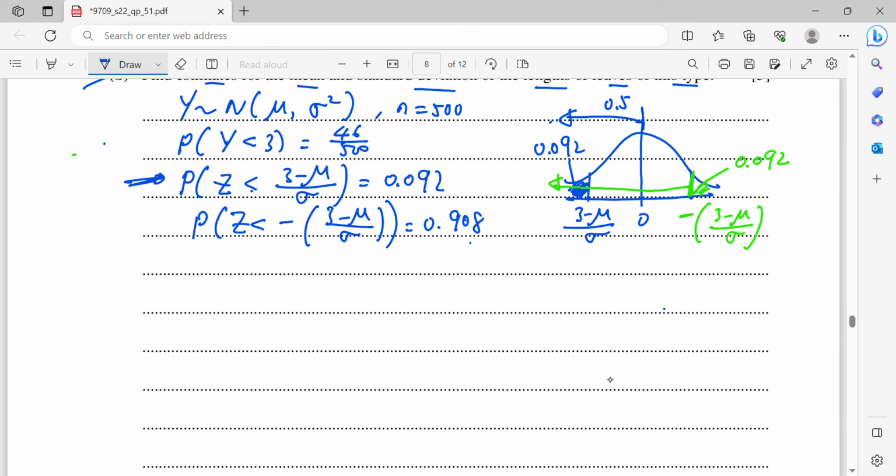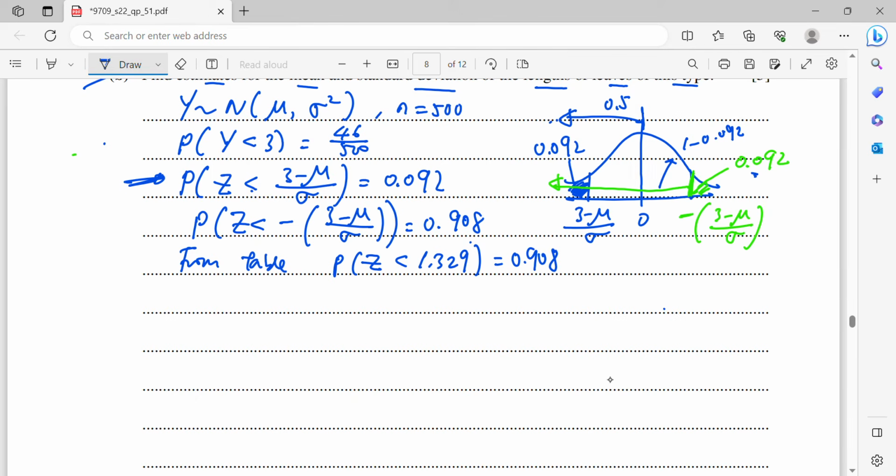How to get this? It's 1 minus this value, here basically 1 minus 0.092. Now since it is 0.908, you can read from the normal table. From the table, P(Z less than 1.329) equals 0.908.